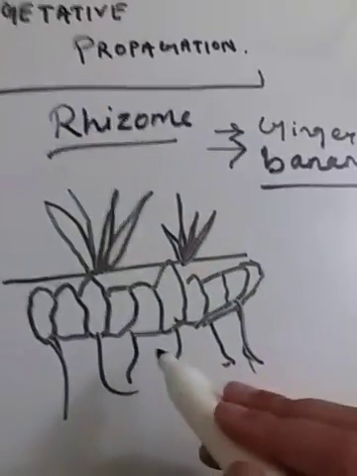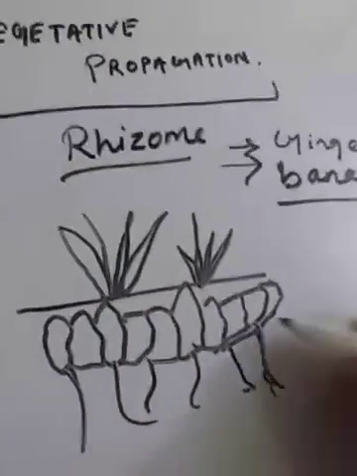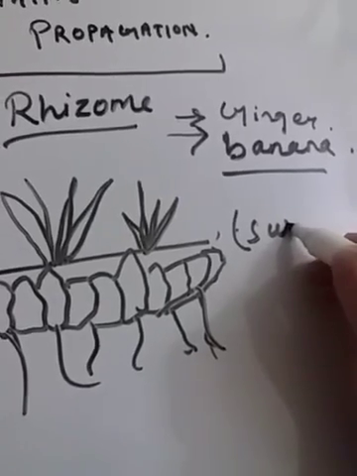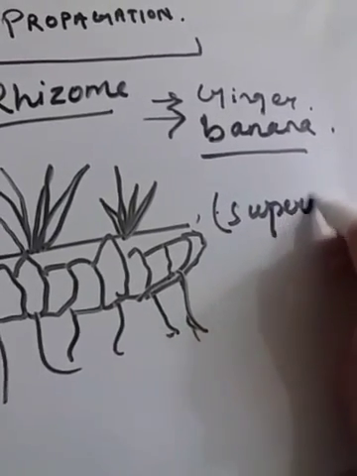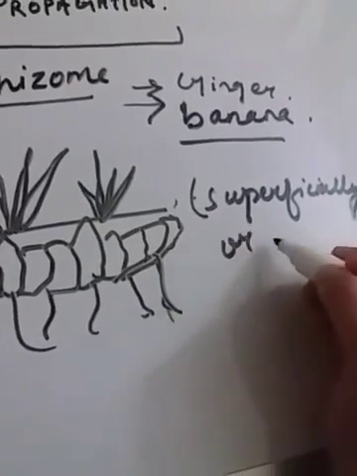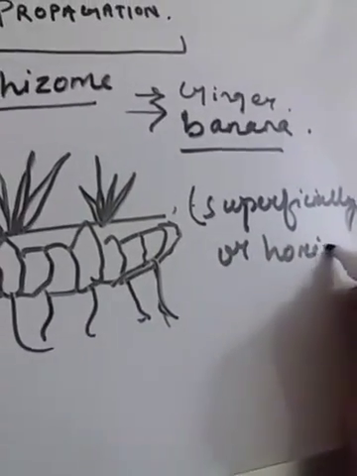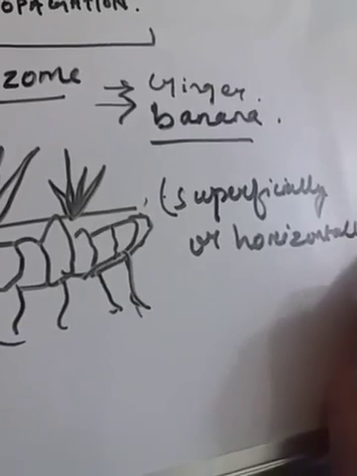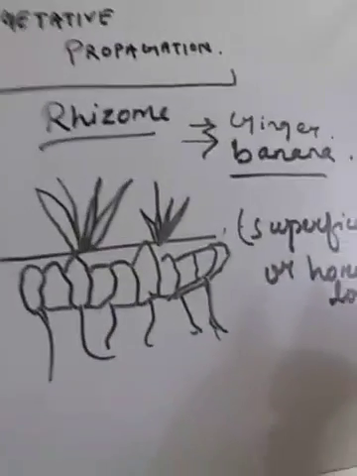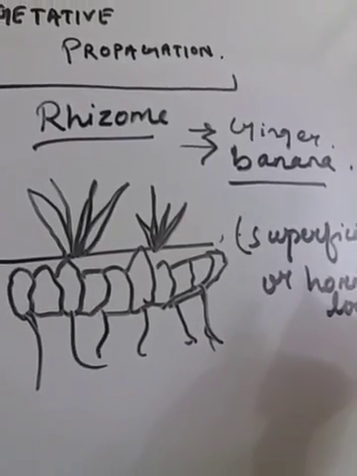Here the arrangement is located superficially or horizontally. So this is our rhizome.